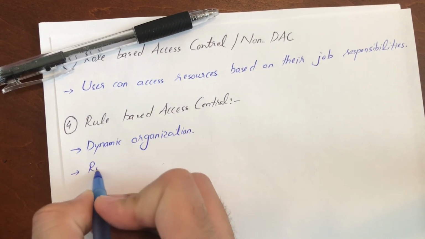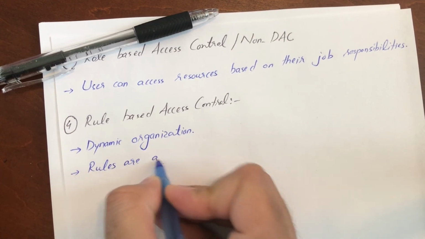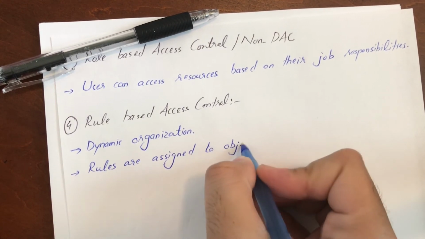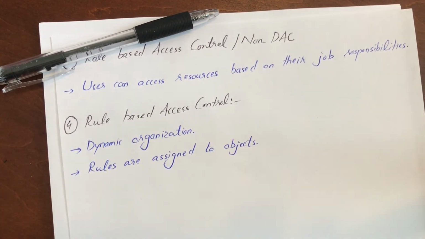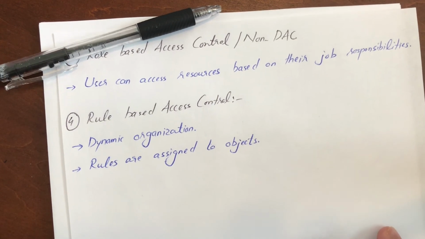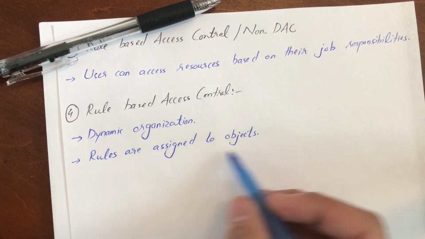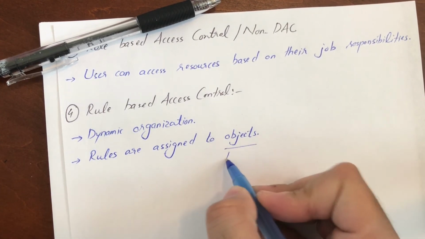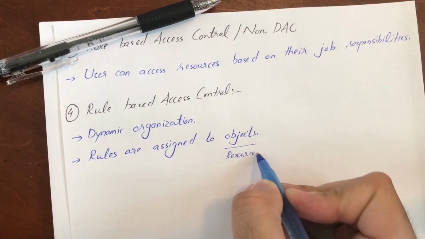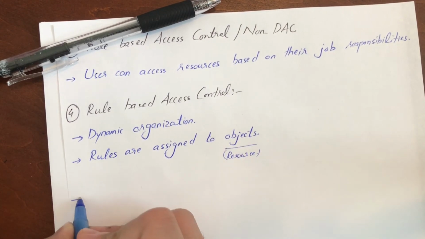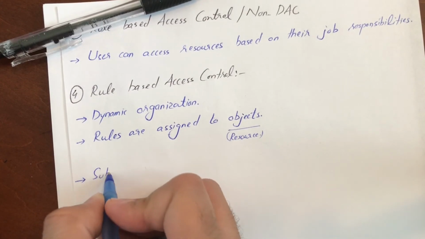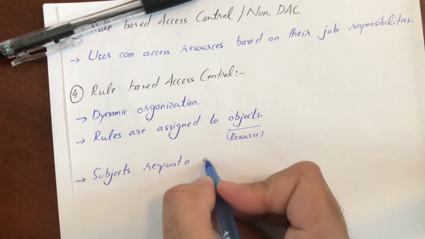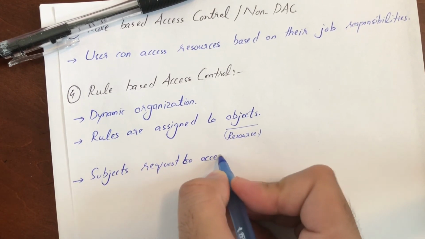Basically, rules are assigned to objects, like under what circumstances users can access this resource. So rules are assigned to the object rather than making a small database. The resource has a rule, in fact a rule book. For example, a subject requests to access an object.